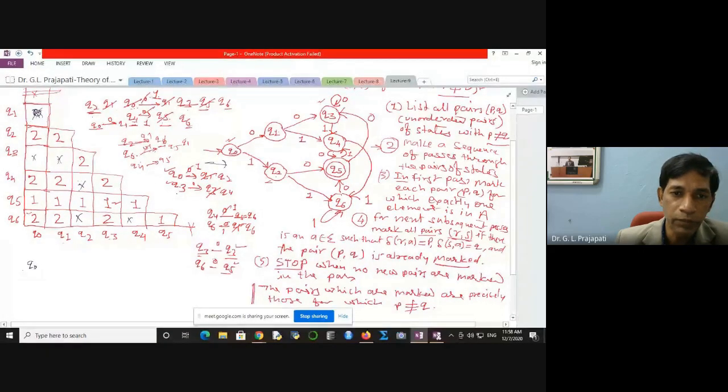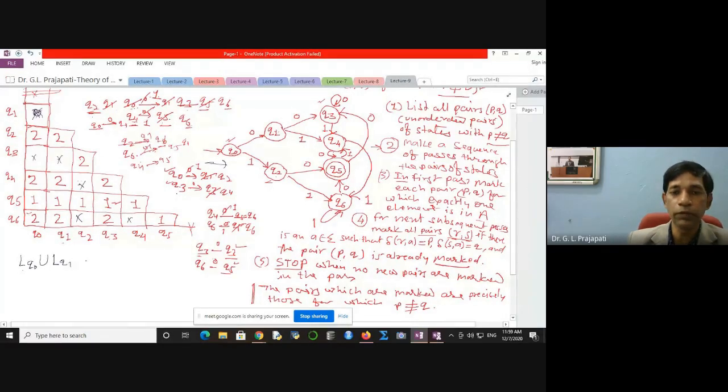A pair which is marked is not equivalent, but a pair which is not marked is equivalent. This means the language of Q0, L0, the set of strings, and the language of Q1 form one equivalence class.